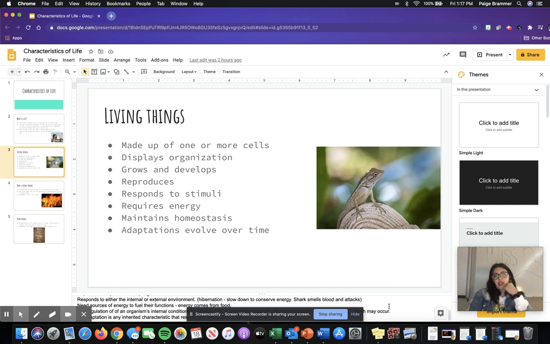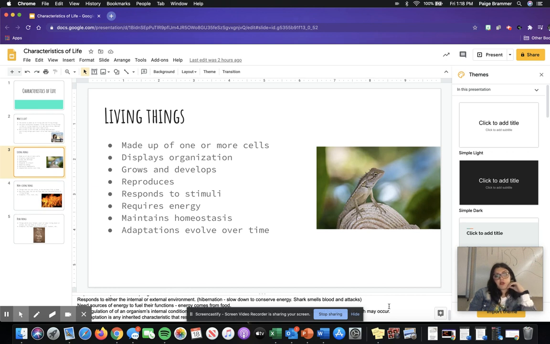Whereas something like a plant, they go through photosynthesis, which once again, we're going to talk about all of that later this school year. But it's important to remember that when you're dealing with living things, these processes may look different than what we think is normal, but that doesn't make them any less living.